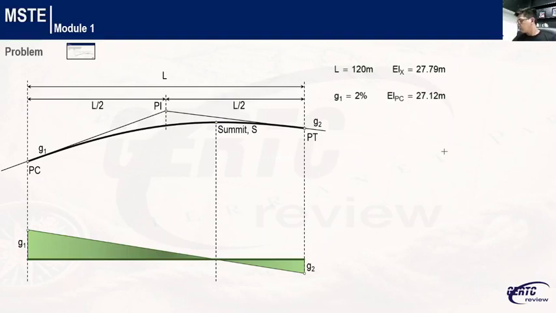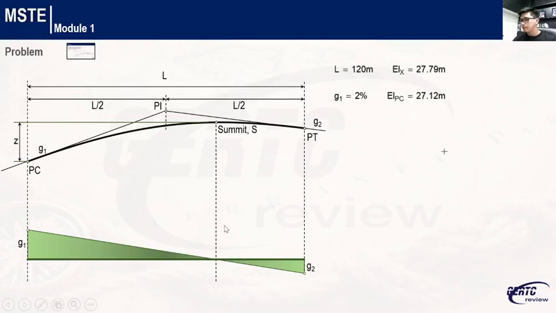So, concept ng grade diagram, if you want to calculate the elevation of this summit, if makukuha natin itong Z na ito, difference in elevation between PC and S, then we can solve the summit, no? The elevation of the summit. Now, this Z is equivalent to the area of the grade diagram under these 2 points, PC and S. Okay? So basically, the area of this triangle is the value of Z.